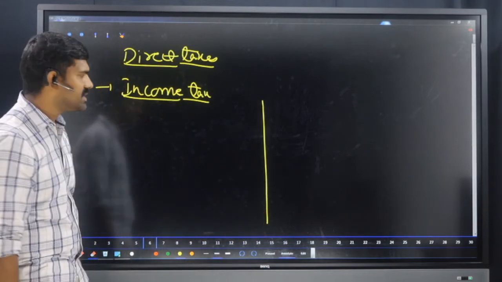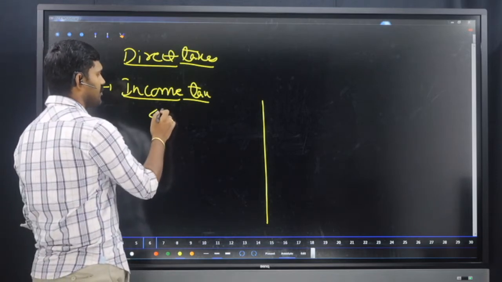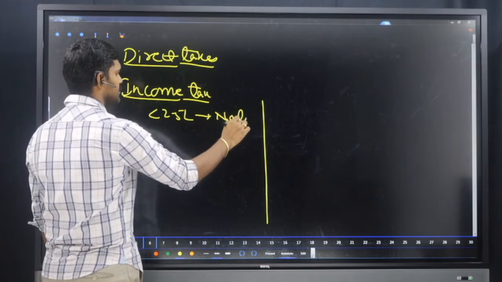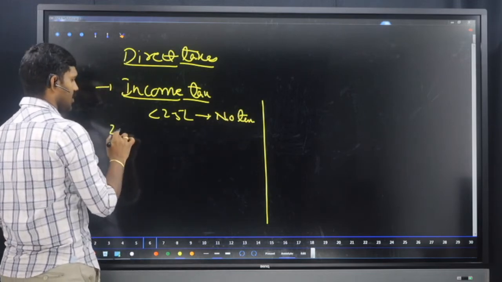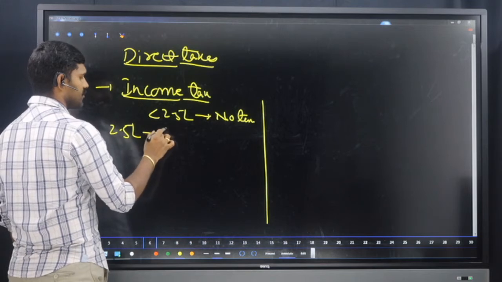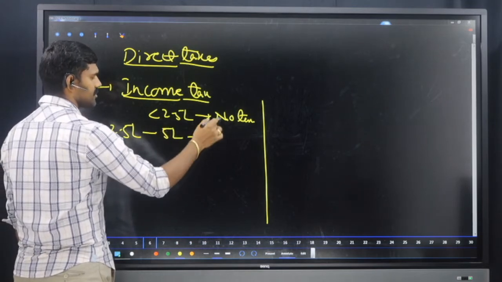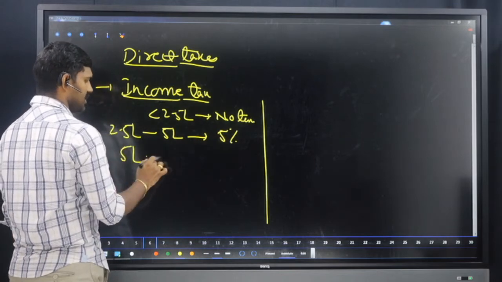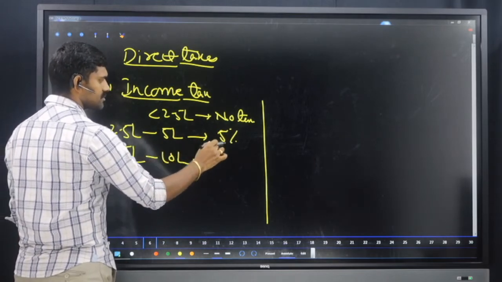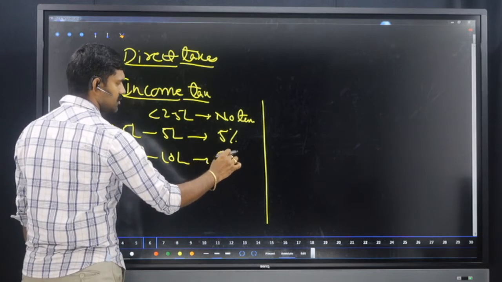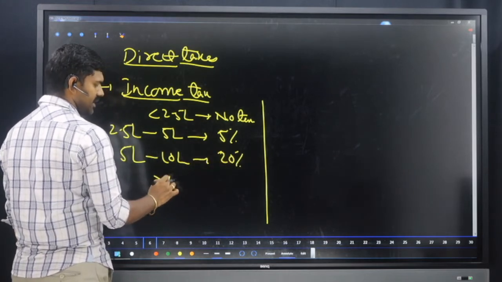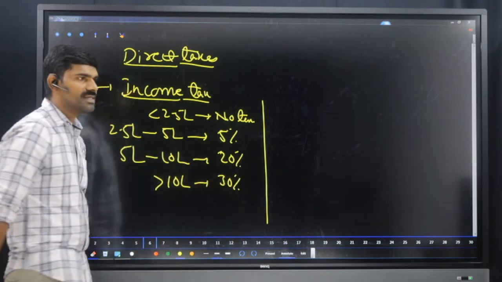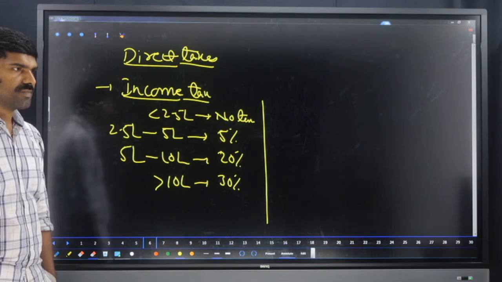In the old system, up to 2.5 lakh, no tax. 2.5 lakhs to 5 lakhs, the tax is 5%. 5 lakhs to 10 lakhs, the tax is 20%. Greater than 10 lakhs, the tax is 30%. This is the old system.